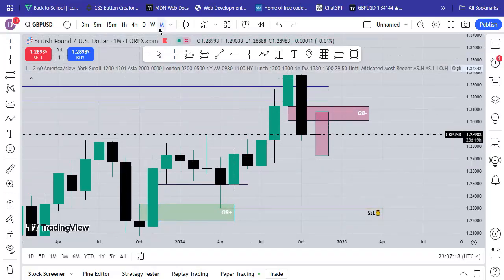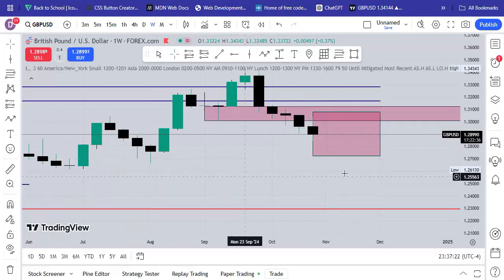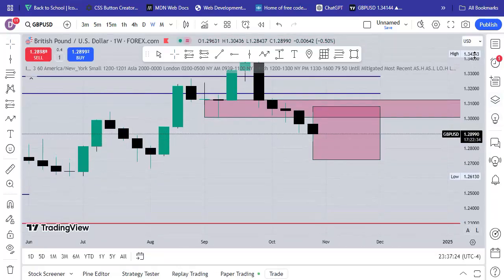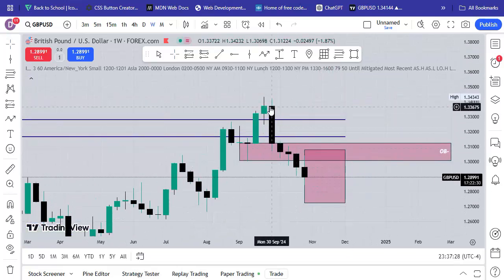So let me quickly switch to the weekly time frame to see the view from that time frame. As you can see, in the last week in October, we still had all these lows right here.